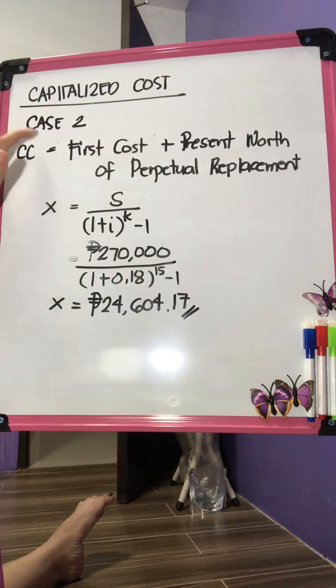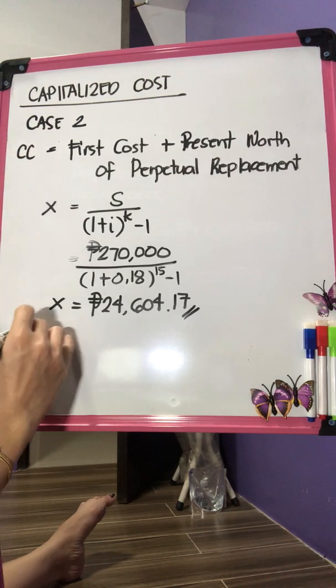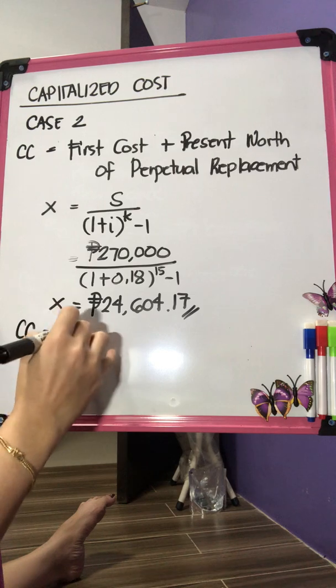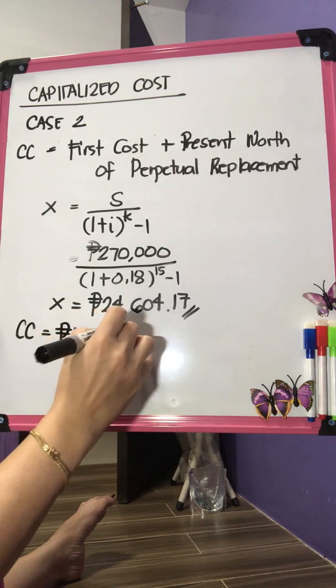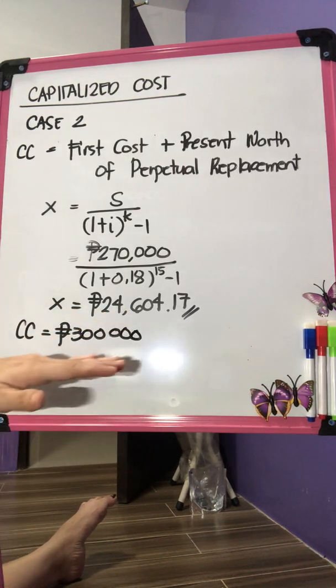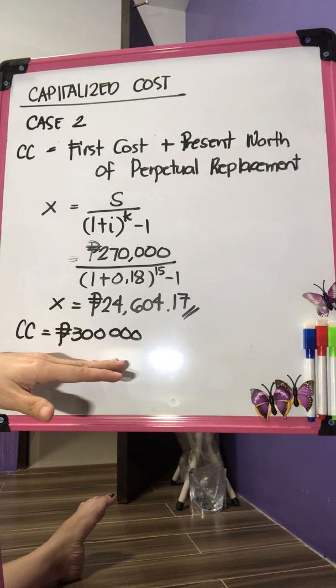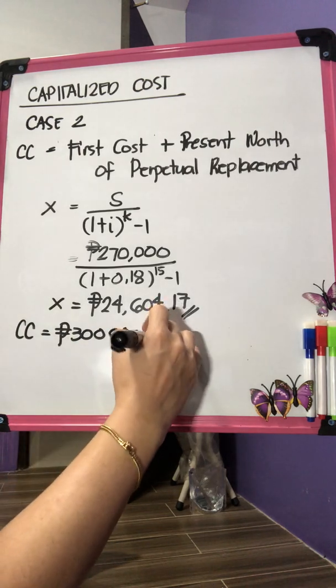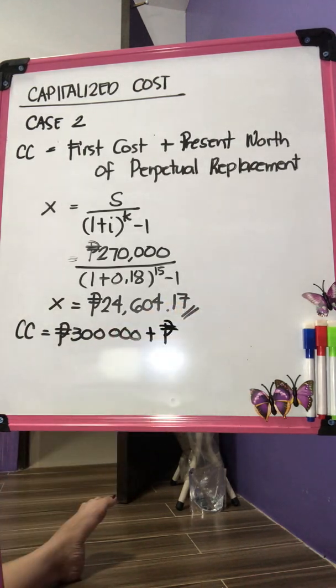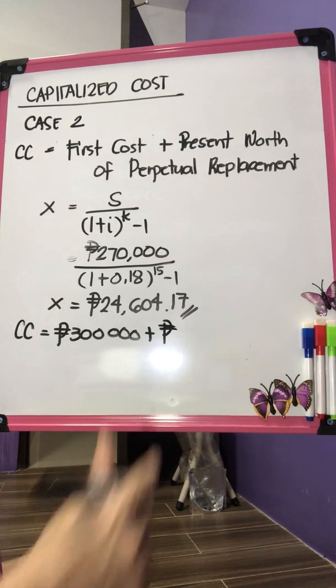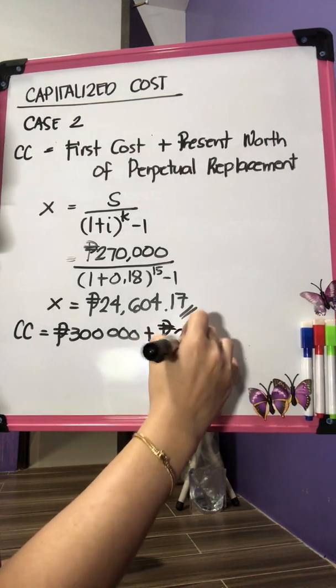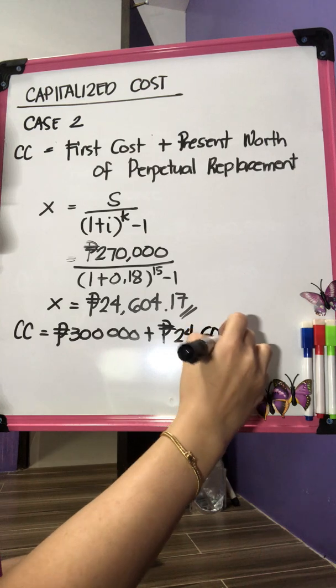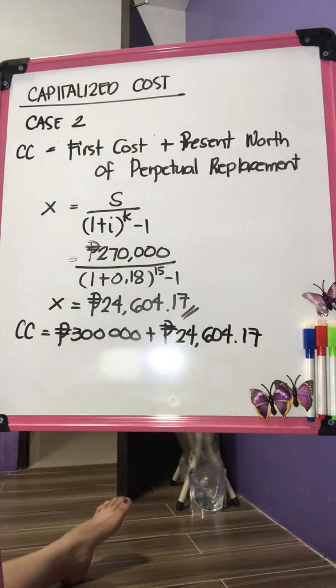Okay? So, for our case 2, para makuha natin yung capitalized cost, that is equal to first cost, di ba? So, ang first cost natin dyan is equal to 300,000 pesos, kasi ito yung original price ng ating machine. So, 300,000 pesos plus yung ating present worth of perpetual replacement, which is equal to 24,604 pesos and 17 centavos.